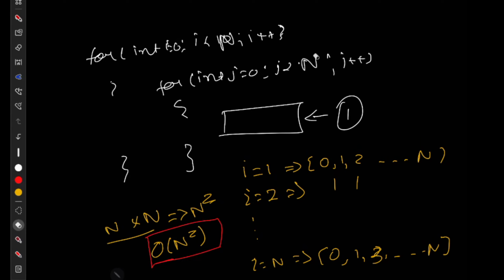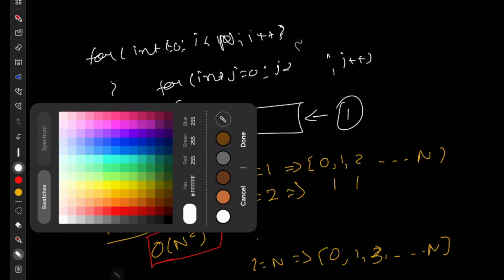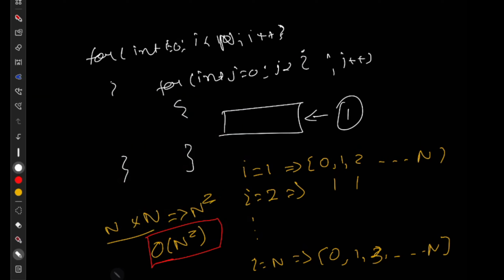Let's say here, instead of n, we have i. So how will the time complexity work? Let's understand it.